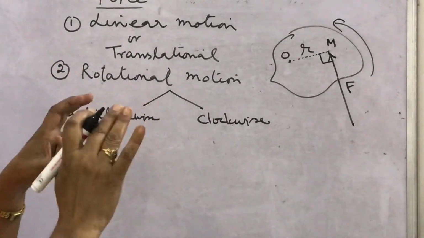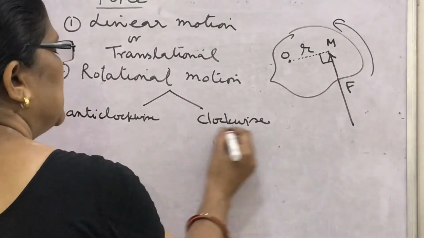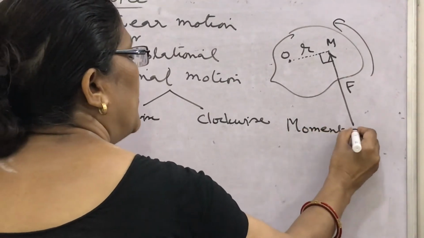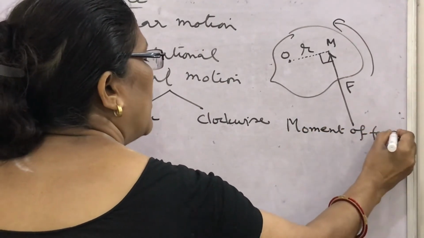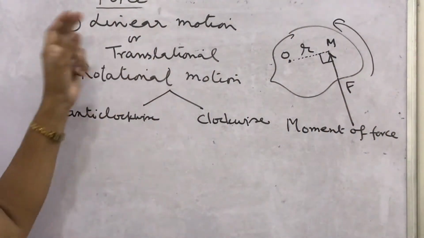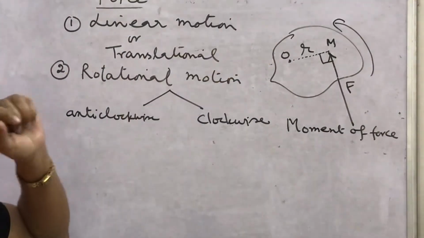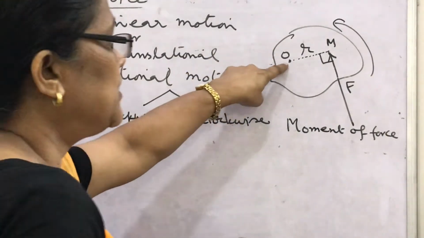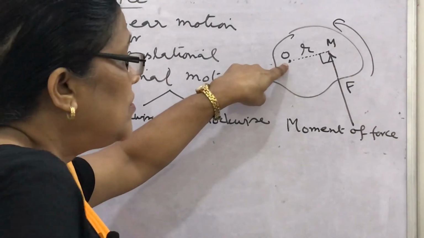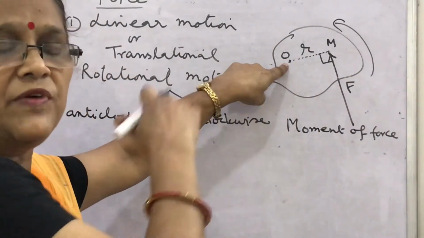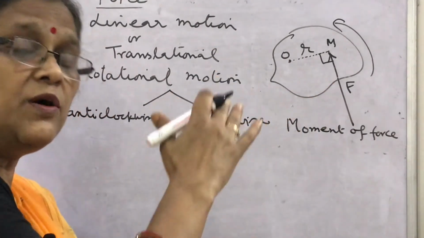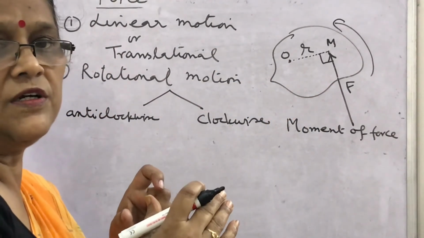Anti-clockwise and clockwise rotational motion occur when force is applied on a pivoted object. This whole explanation is defined as the moment of force, or the turning effect of force. You know, in linear motion, the force is applied and the object moves in the direction of force. But when the object is pivoted, then the object moves around the fixed point. So, the force's effect is to turn the object about the pivot.